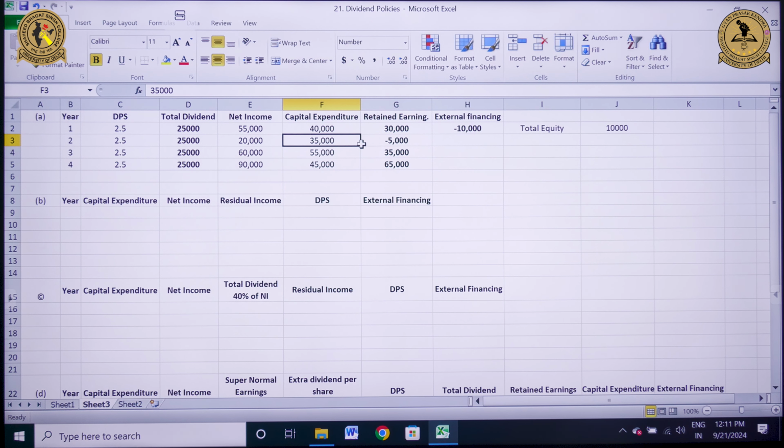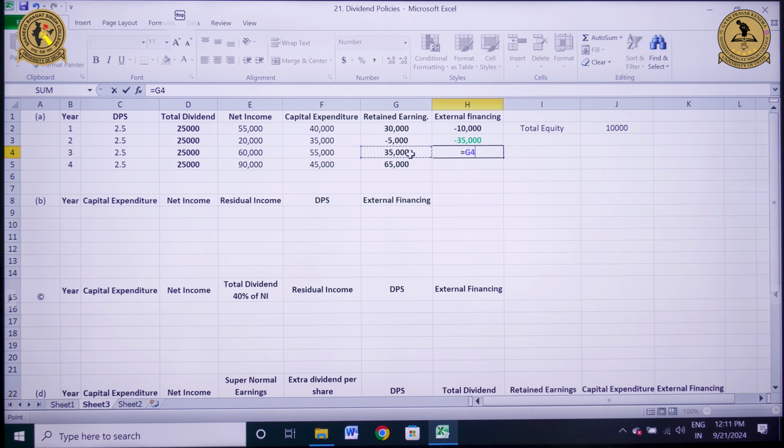In the second case, the capex requirement is 35,000 and the retained earning is minus 5,000, and we have assumed that this 5,000 has been taken from the revenue reserve. So it will be minus 35,000 in year 2. In year 3, the capex requirement is 55,000, but the retained earning is 35,000.